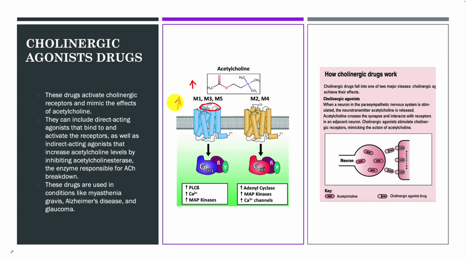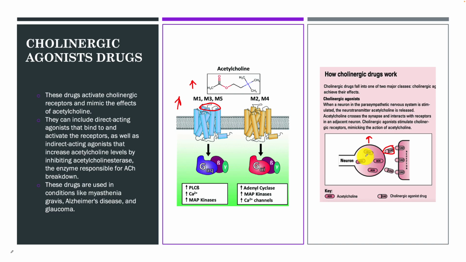Now, if you look on this side here, this shows you how this works. If we don't have enough acetylcholine in the neuron, then we can introduce the drug, and the drug can bind to the receptor to increase acetylcholine's signal.